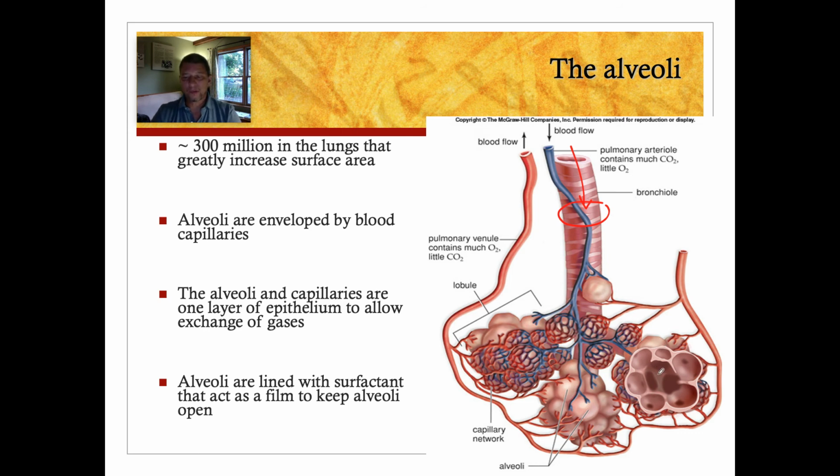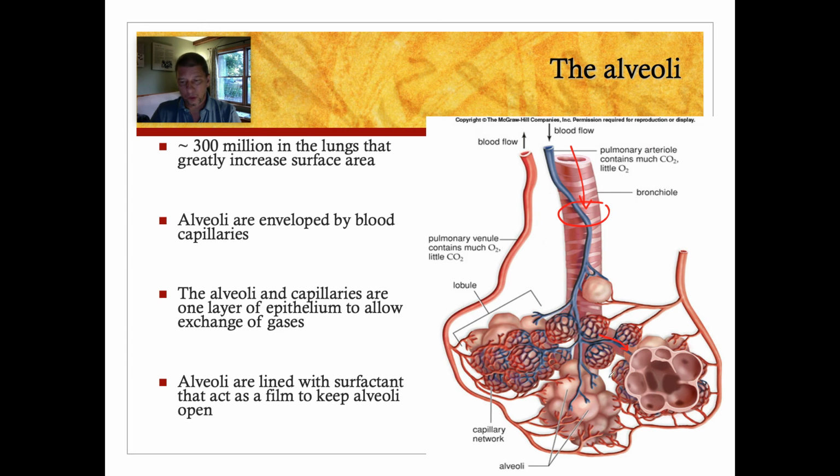Now, we have 3 different versions of the alveoli that I want you to see here. So here's the end of one of the tiniest bronchioles, and here is a sac of alveoli that is cut open. And you can see that there's bunches and bunches of little chambers in here. And each of those chambers is providing surface area for the diffusion of oxygen into the blood and carbon dioxide out of the blood.